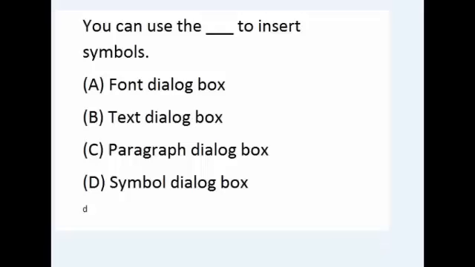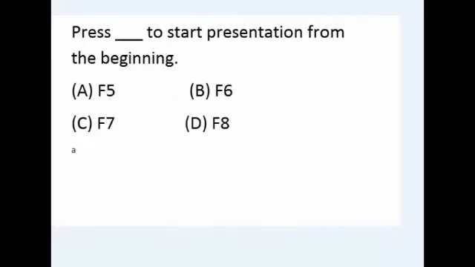A. Font dialog box, B. Text dialog box, C. Paragraph dialog box, D. Symbol dialog box. The answer is D, symbol dialog box. Press to start the presentation from the beginning. A. F5, B. F6, C. F7, D. F8. The answer is A, F5.